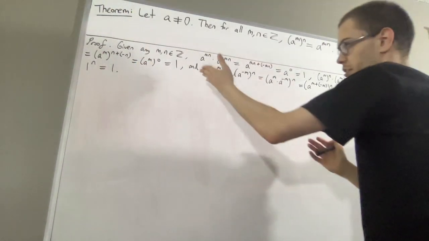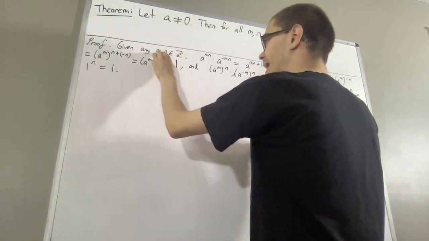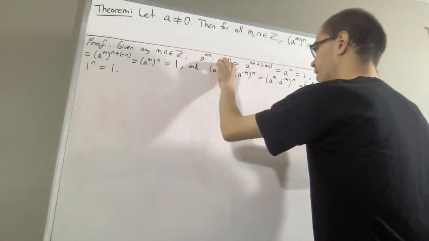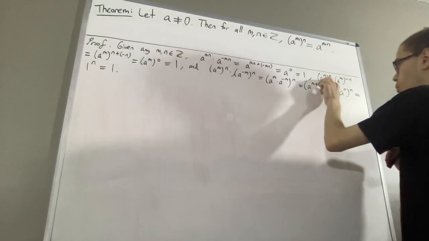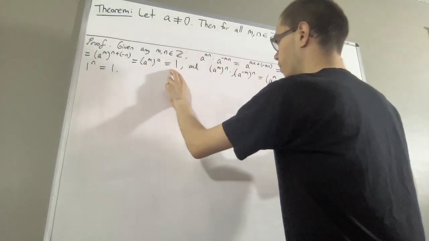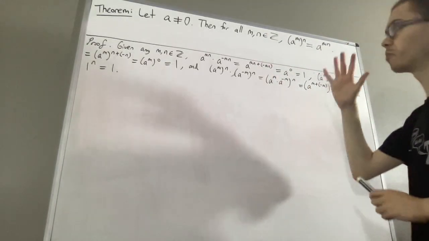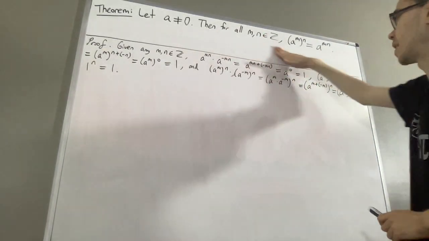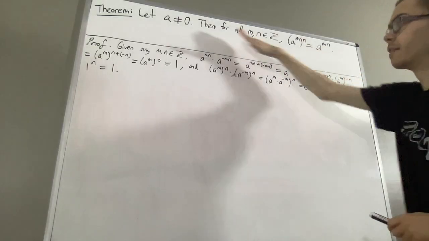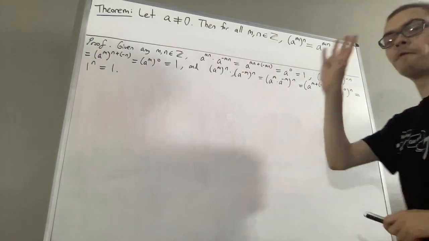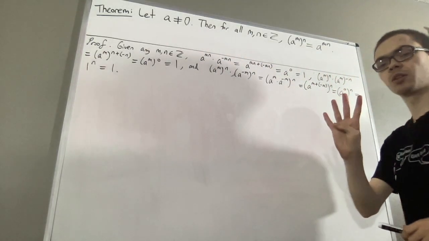So what we've shown here is, given any two integers m and n, when we multiply these together, we get 1. When we multiply these together, we get 1. And when we multiply these together, we get 1. So now let's get into proving the statement we're trying to prove. To prove this, we are actually going to prove 4 separate statements.